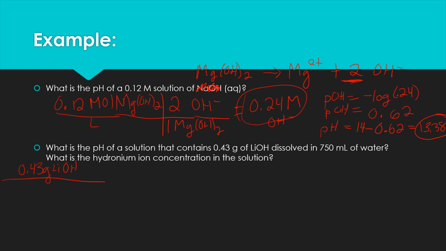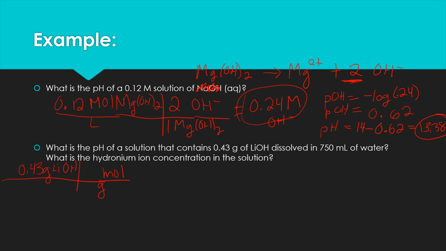So we have to first change those grams into moles, right? So our molar mass of lithium, grab my periodic table. Lithium has a mass of 6.94 plus a 16 for oxygen plus 1.01 for hydrogen.